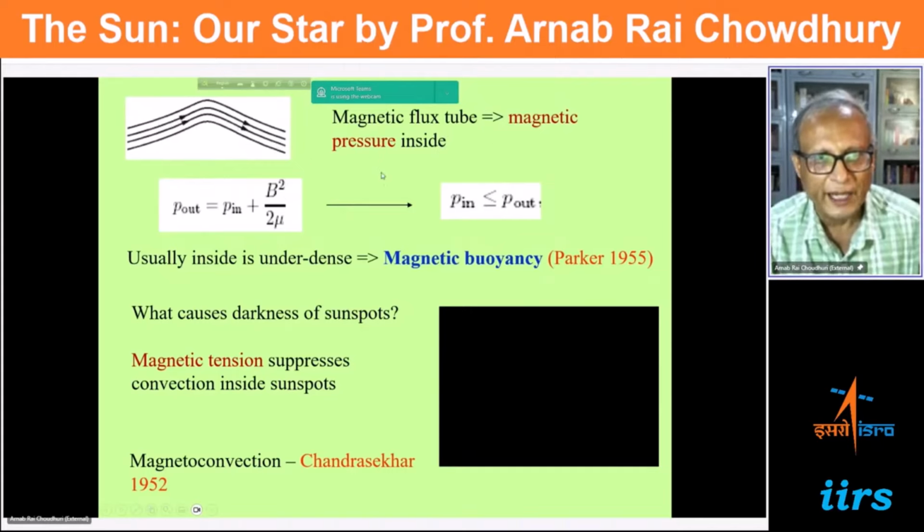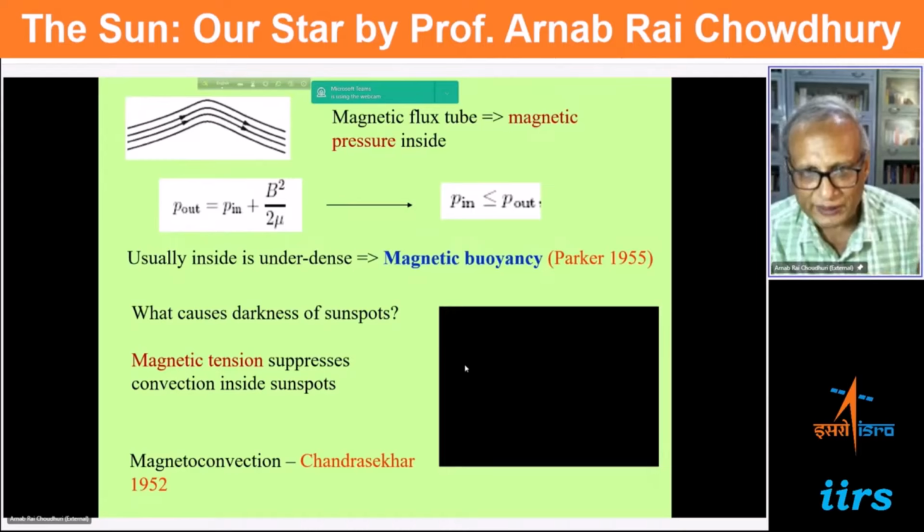So why are the sunspots dark? It turns out that heat is transported by convection just below the solar surface. You see convection taking place surrounding a sunspot, and because of the magnetic tension of the magnetic field inside the sunspot, which opposes the random motions associated with convection, convection is suppressed to a large extent inside a sunspot.